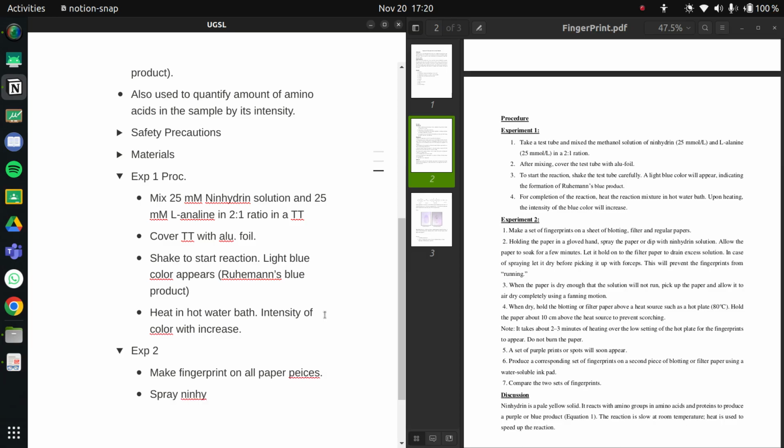You can use a petri dish, right? Let the paper soak for a few minutes. Let it hold onto the filter paper to drain excess solution. You're spraying it. Okay, this will prevent the fingerprints from running. Okay, spray in ninhydrin. Okay.